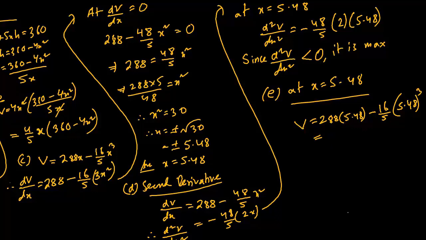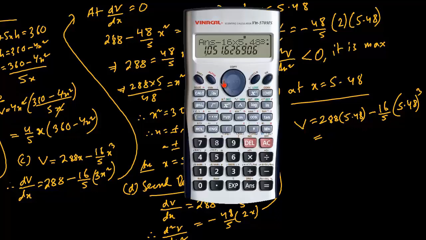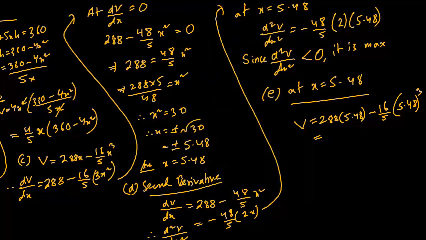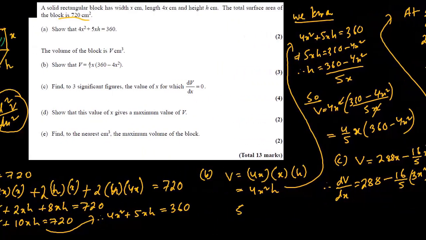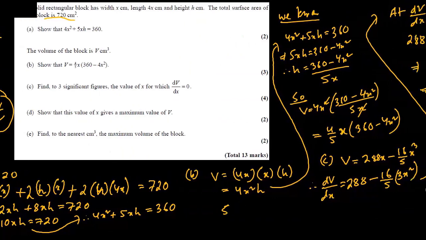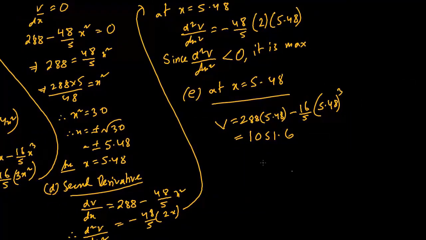And the calculation turns out to be 1051.6. In the question, is there any significant figure? To the nearest centimeter cubed. So the nearest centimeter cubed would be 1052 cm cubed.